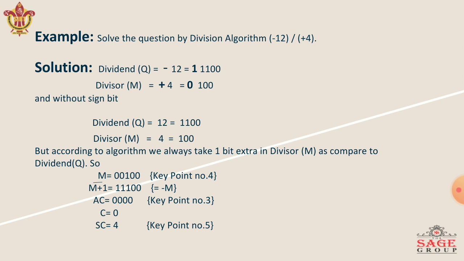M bar plus 1 equal to minus M; both are the same thing. AC equal to 0000, the initial value of AC under key point number 3, and we take C equal to 0 initially and SC equal to 4. This is the sequence counter, key point number 5.